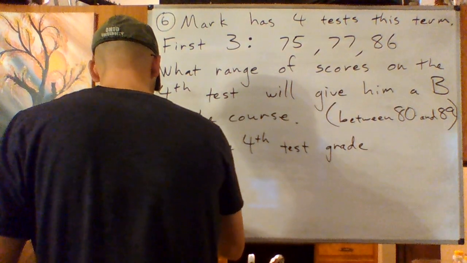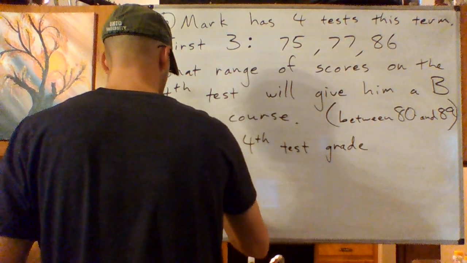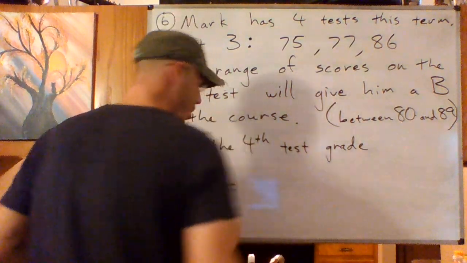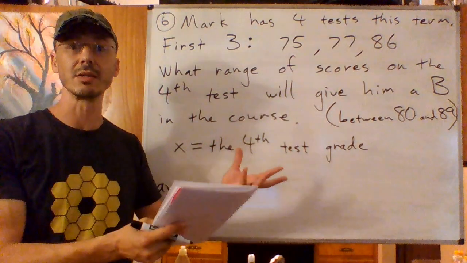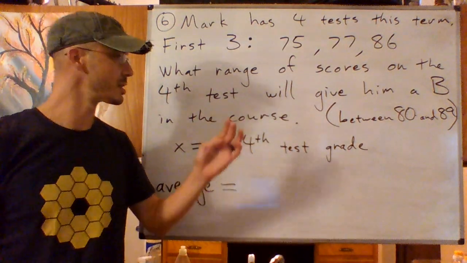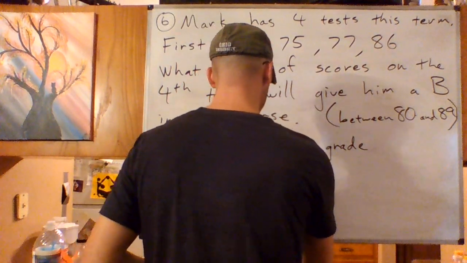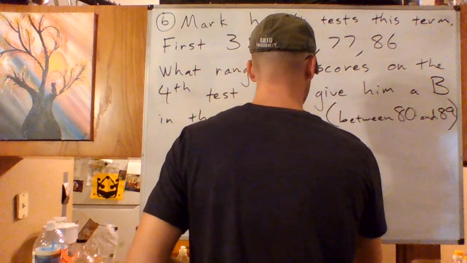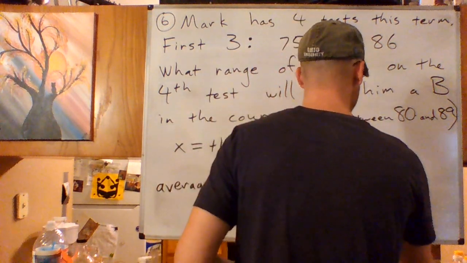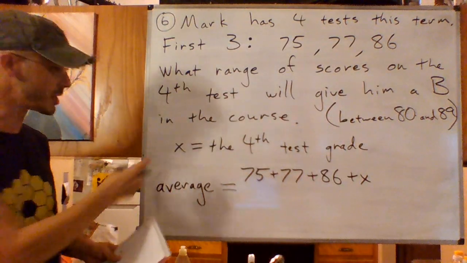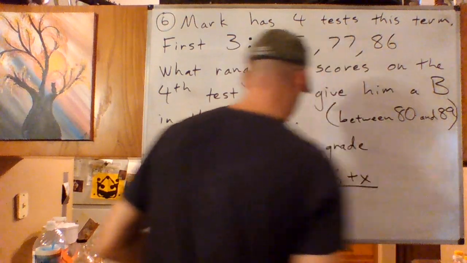His average is what we get when we add up all the grades and divide by the number of grades. In this case, we add up 75 plus 77 plus 86 plus X. We don't know what X is yet, but that's why we have a variable for it.